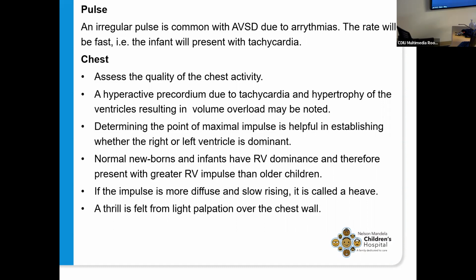So they say with normal newborns and infants, they have right ventricular dominance and they present with greater right ventricular impulse than older children. If the impulse is more diffuse and slow rising, it's called a heave, which will be present in AVSD, and a thrill is felt with light palpation from the chest wall.